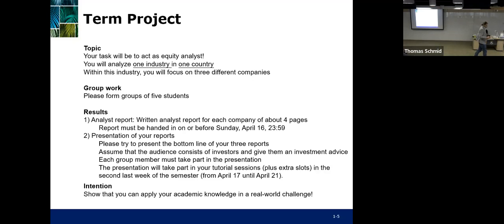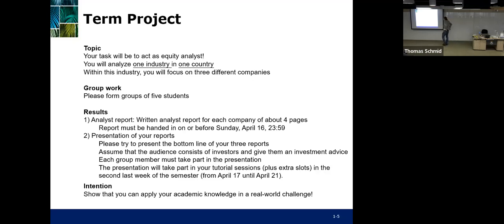You can just write us an email and say we are a group of 2, but we don't have other group members yet, and we can assign you to some other group. Okay? So let's see how this works. If there are more issues, what we did sometimes in the past is create a Moodle forum that helps you to team up and meet other people. Okay?